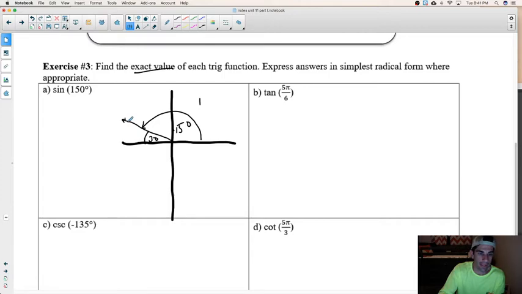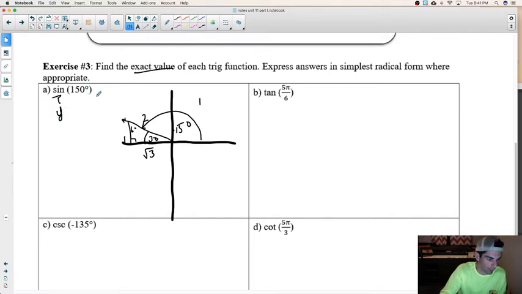If that is a 30, 60, 90 triangle, if you memorize what that one was, opposite of the 60 is radical 3, opposite of the 30 is the 1, and the hypotenuse is 2. So what they want here is the sine function. Sine is talking about the y, right?